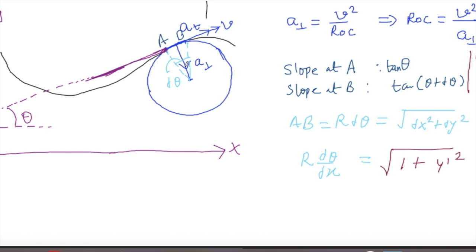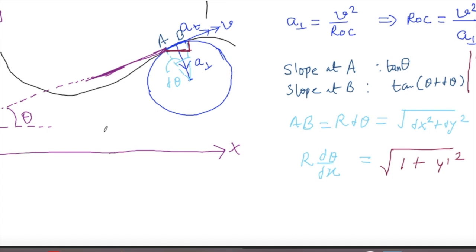Okay, so you can also write that slope is dy by dx, and rate of change of slope is the second order derivative of dy by dx.